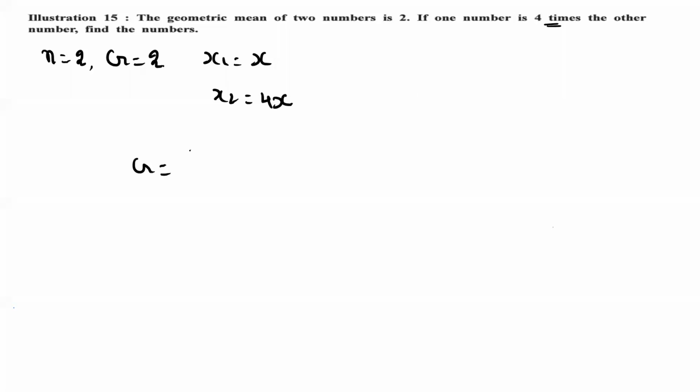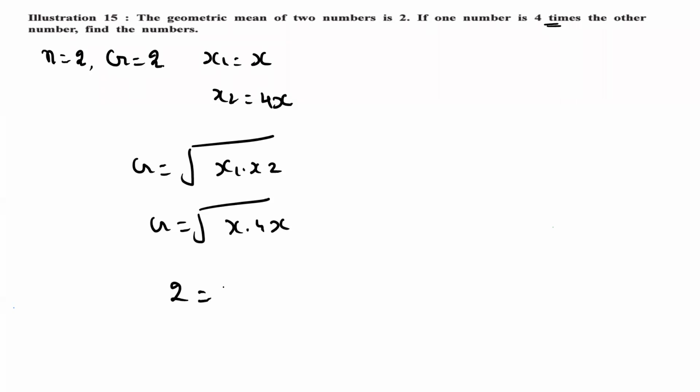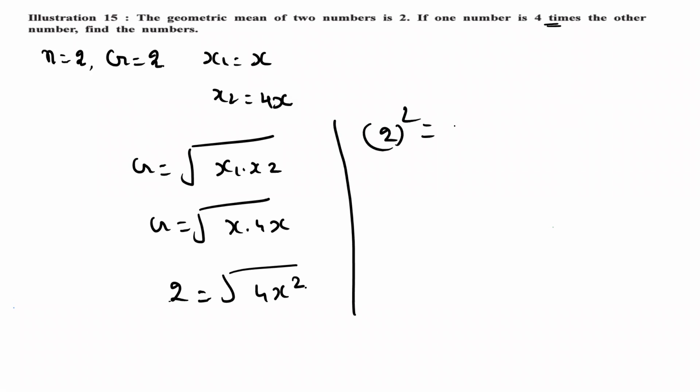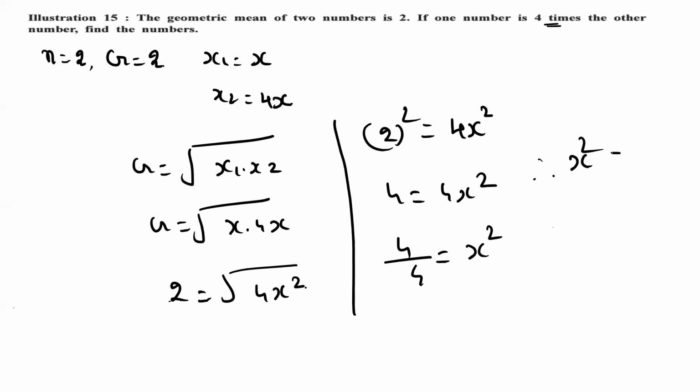So G is equal to root of x1 into x2, so G is equal to root of x into 4x. So 2 is equal to root of 4x square. Now this root will come to this side, so it becomes 2 the whole square is equal to 4x square. Clear? So 4 by 4 is equal to x square. So x square is equal to 1.